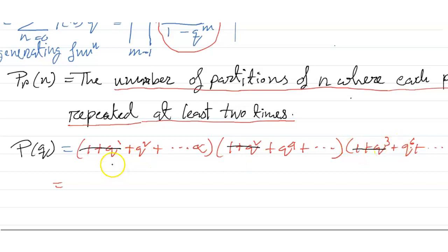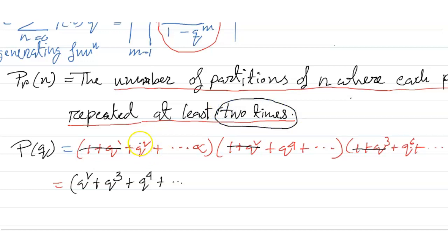So we shall take this portion q square plus q to the power 4, q cube plus q to the power 6, because at least 2 times. You see these portions, whatever I discuss.